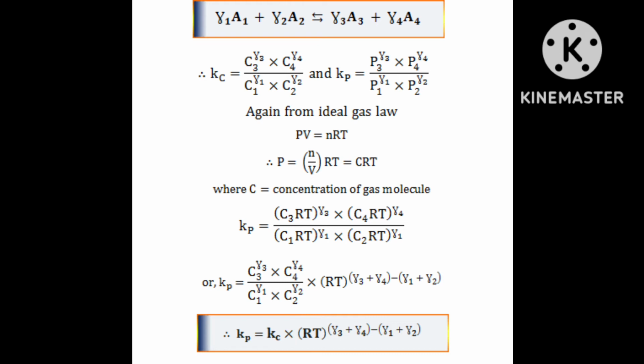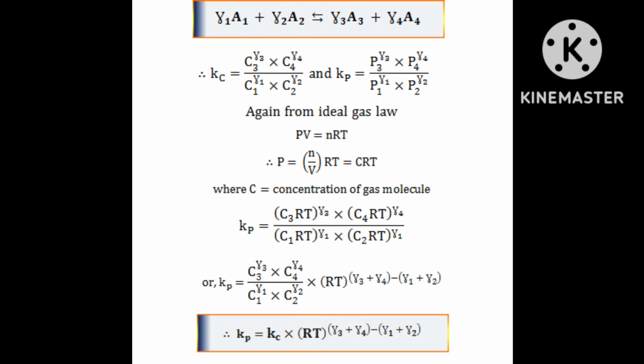Hence in this synthesis we can say pressure requirement is high, and because volume is decreasing, then how will volume decrease? In terms of temperature, if temperature will be less, then volume will decrease.